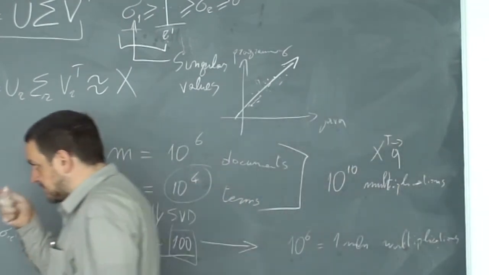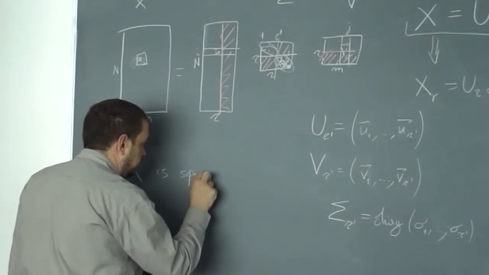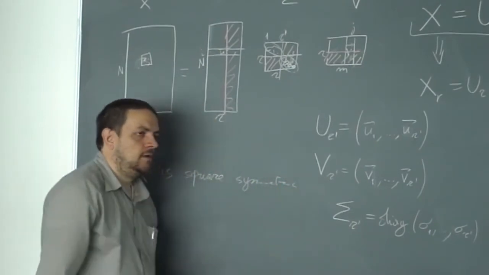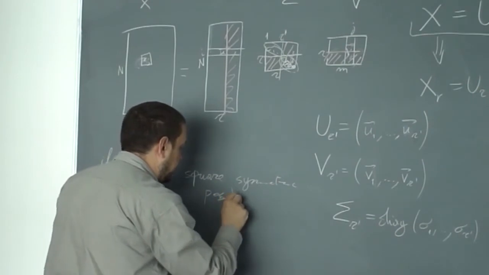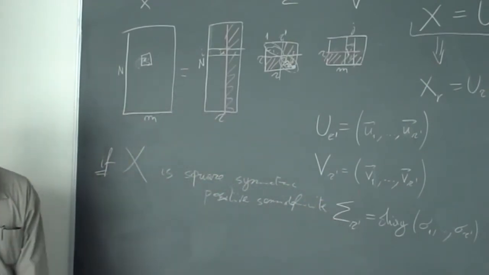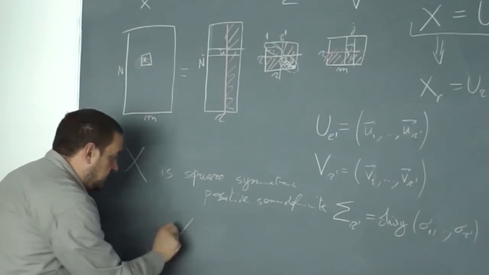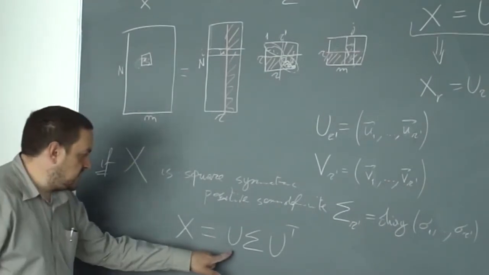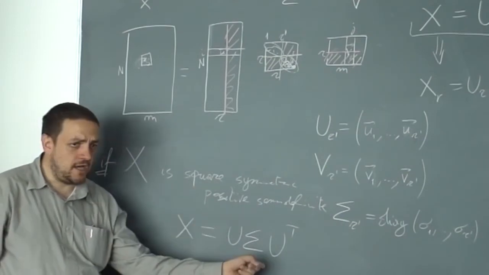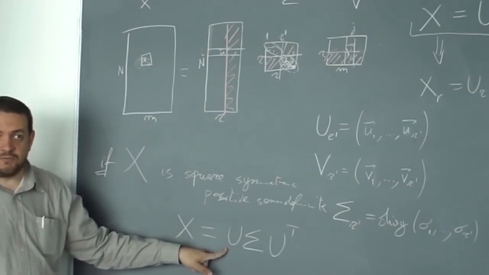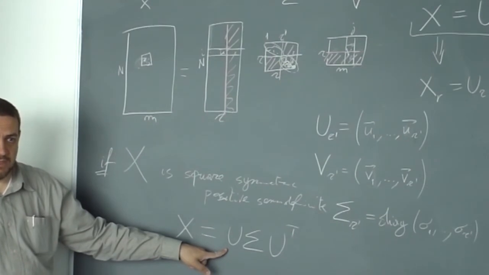In fact, if x is square, let's say symmetric, and also positive semi-definite, whichever is the meaning of these words, we get that x can be written as a decomposition u sigma u transpose, where sigma is the diagonal matrix composed of the eigenvalues of x, and u is the matrix whose columns are the eigenvectors of x, as we saw last time.